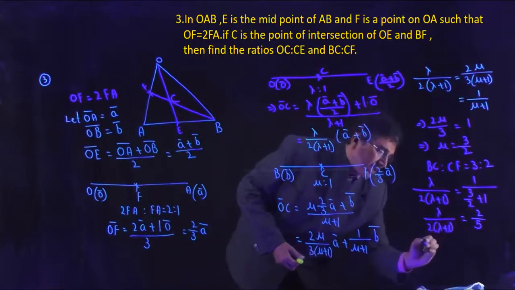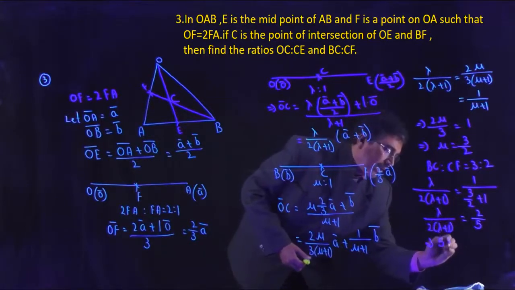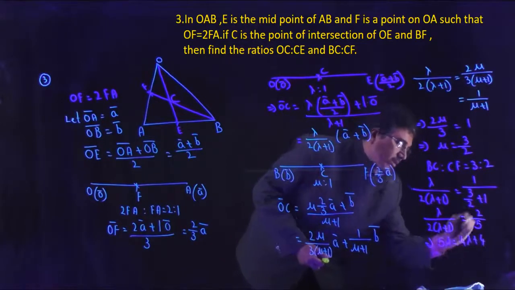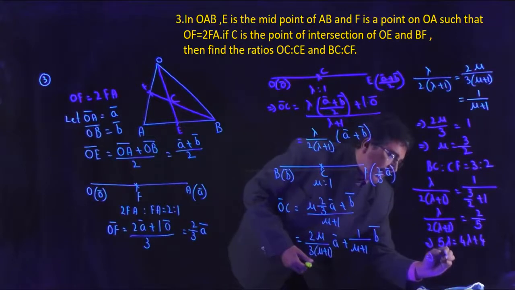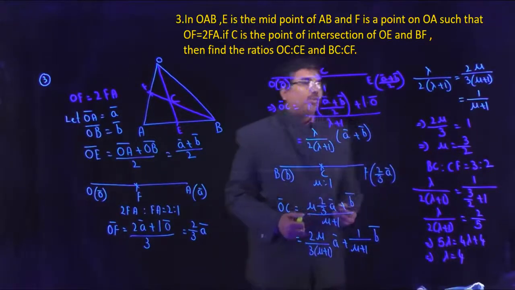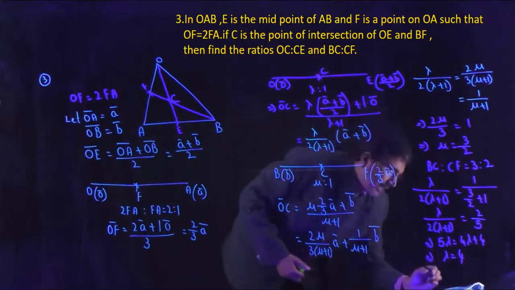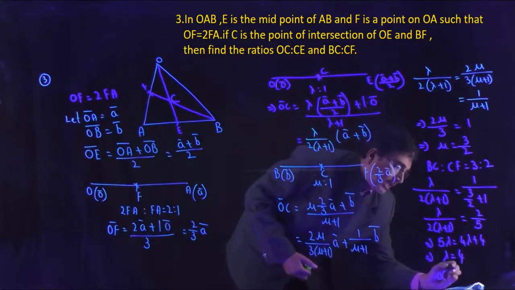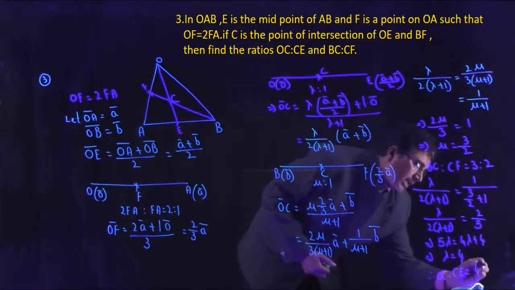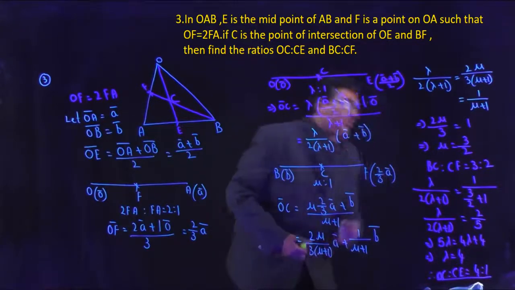Now cross multiplying, 5 lambda is equal to 4 lambda plus 4, that implies lambda is equal to 4. Therefore OC is to CE is equal to lambda is to 1, that is 4 is to 1.